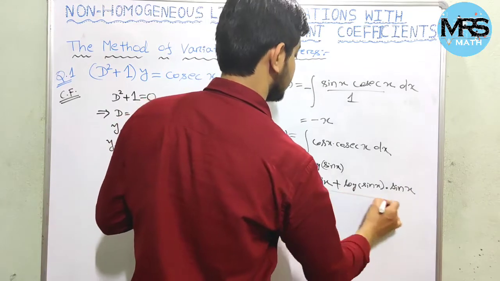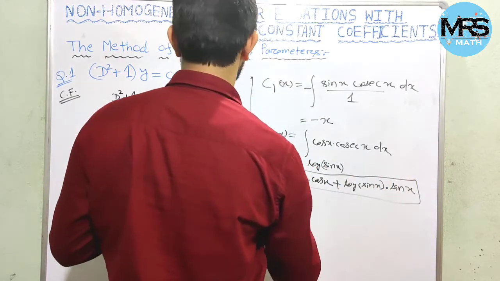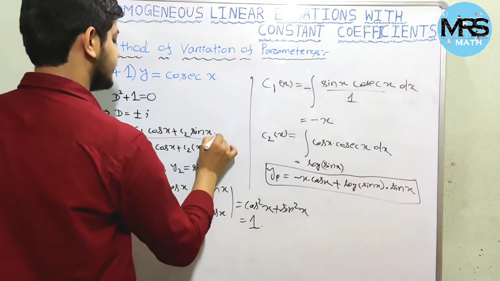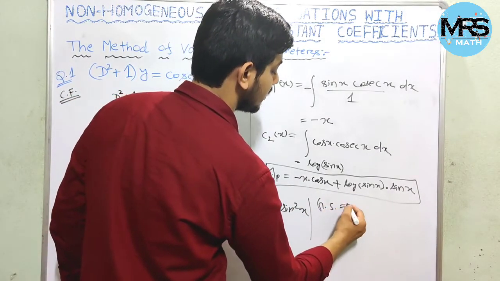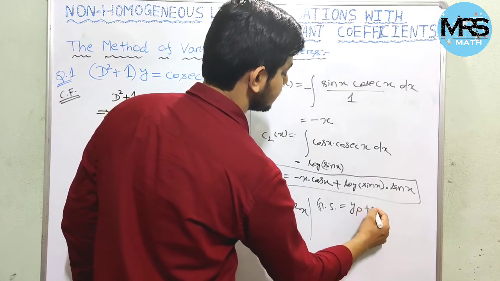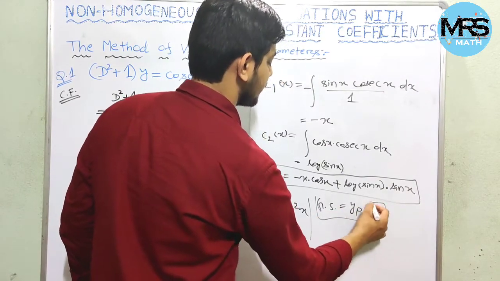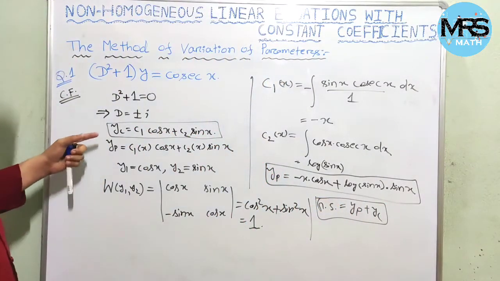So this is our yp, and this is our yc. So the general solution is yp plus yc. Hope you understood this method.